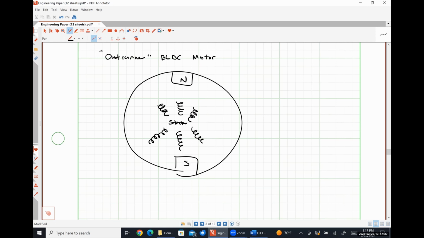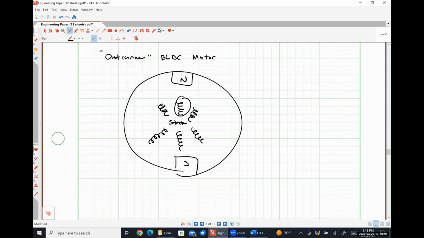So this is an interesting design in as much as the rotor is on the outside and the stator is on the inside. The rotor is still the spinning thing. There's going to be bearings and all of that kind of stuff. But effectively how it works is if you energize this coil right here and make it look like a south pole electromagnet, it's going to attract the north pole of the permanent magnet on the rotor.